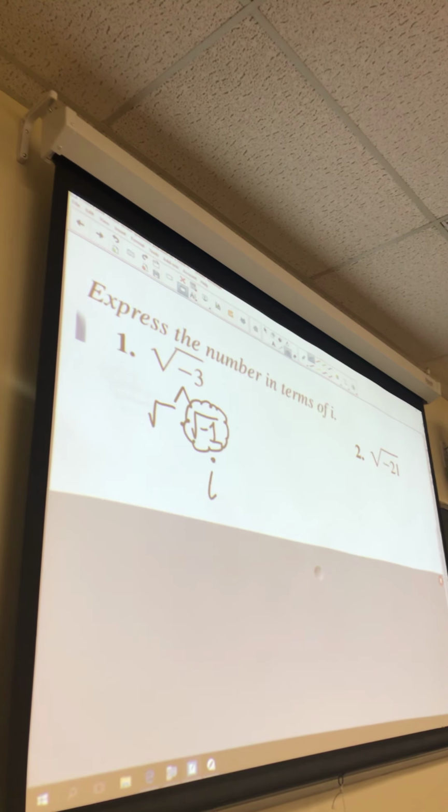But I have to think about what the other would be. So on this one, the square root of what number times the square root of -1 would give me back the square root of -3? It would have to be a 3 sitting under there, right? Square root of 3 times square root of -1 is square root of -3. Regular old multiplication under your square roots.